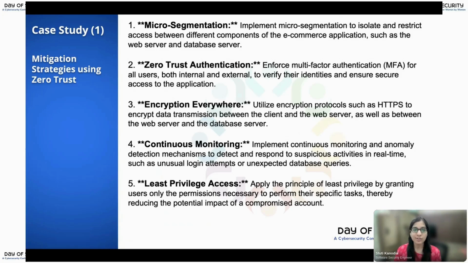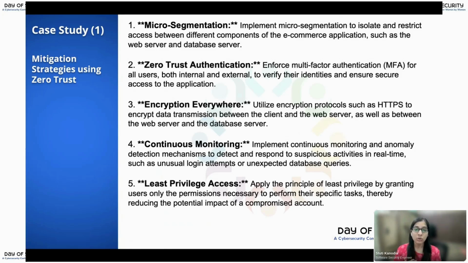Encryption everywhere. We should always utilize encryption protocols like HTTPS, which everybody knows. During the transmission, we should always encrypt our data, so whatever data is transmitted from the client to the server is encrypted, and no one can perform a man-in-the-middle attack. Similarly, when an external user accesses our application, the data should be encrypted, but within the boundary we also have different components.